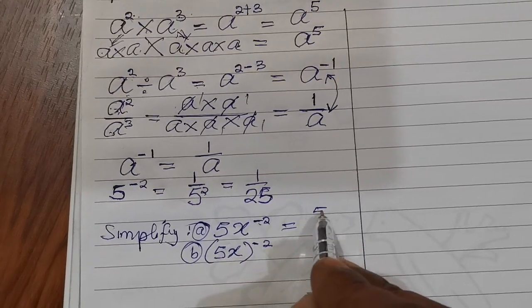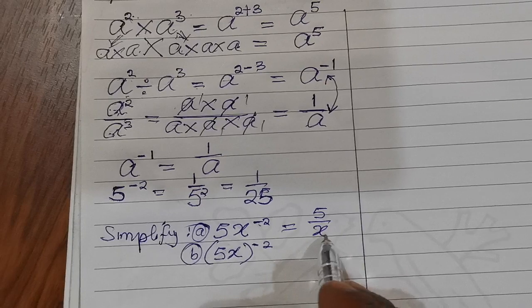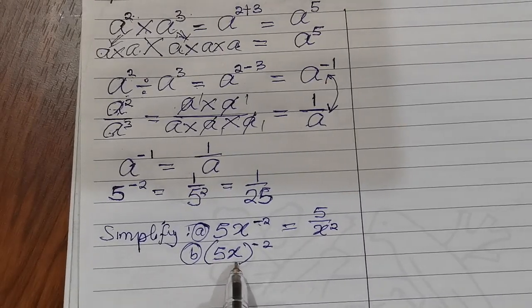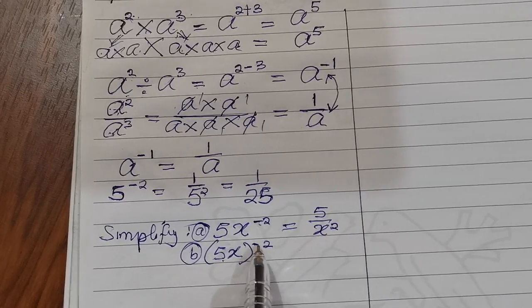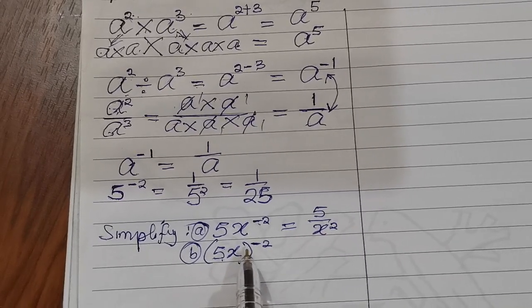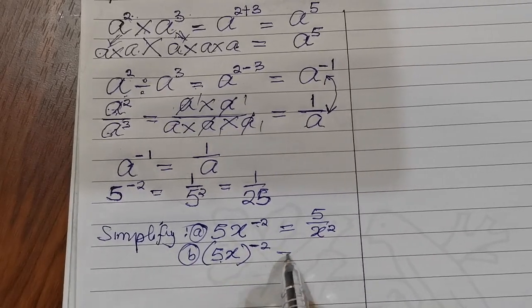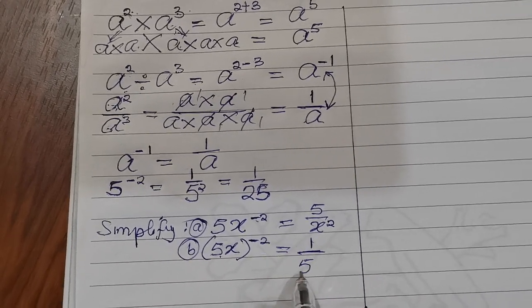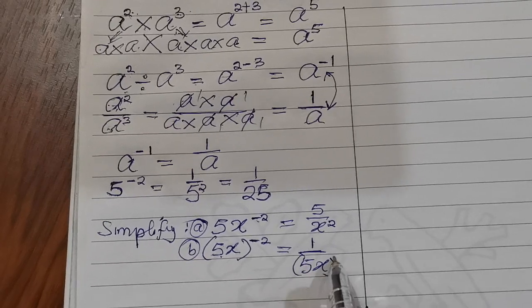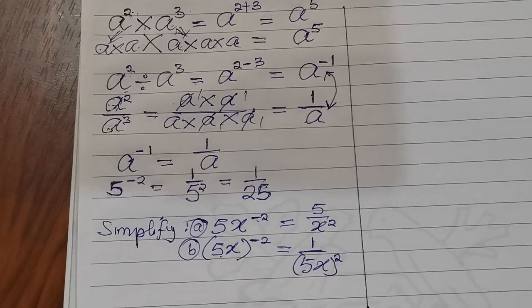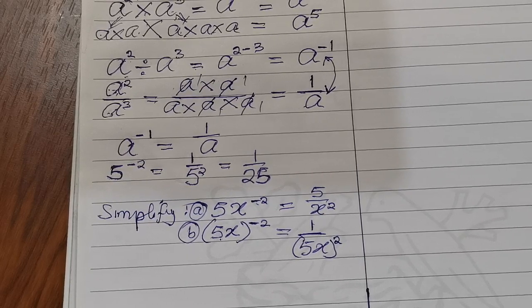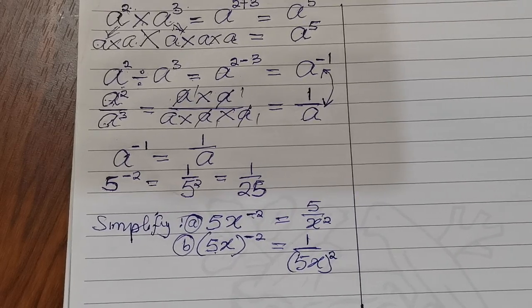This will be 5 all over x power 2. While in this case they are in brackets, which means that 5 and x both have the power minus 2. So this will be 1 all over (5x) all raised to power 2. So once you remove the minus sign, you are looking for the reciprocal of the number.